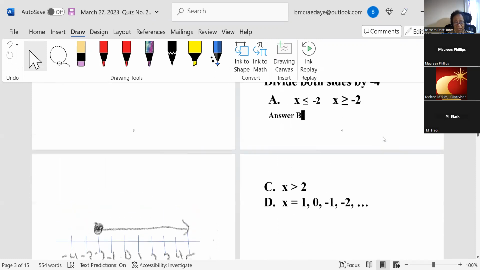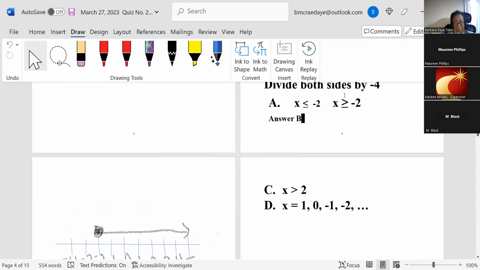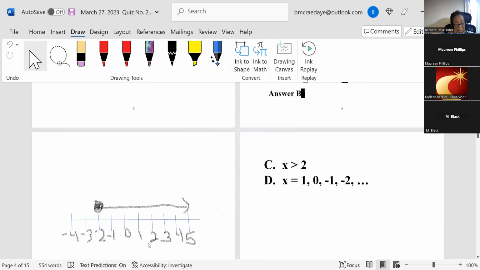Yes, because the answer was greater than. Oh, yes, yes, yes. You got this answer, but remember, because you divided by -2, you had to reverse it from less than or equal to greater than or equal, right? Oh, yes. So that means you got to plot it on the number line, greater than or equal.